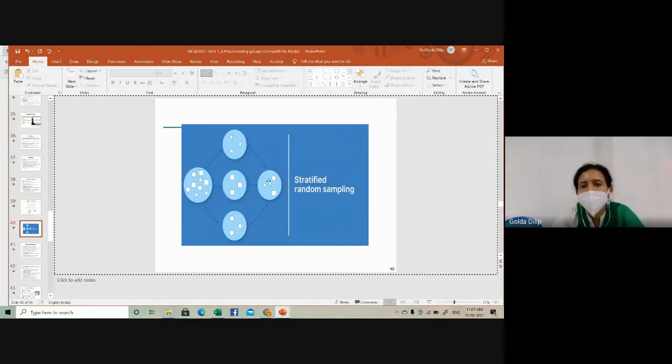From all three strata we draw one sample each, and then have a representative sample. This is what stratified random sampling is all about: a sample from the rich stratum, another from the middle class stratum, and another from the BPL stratum. So based on different aspects, you can do the sampling.